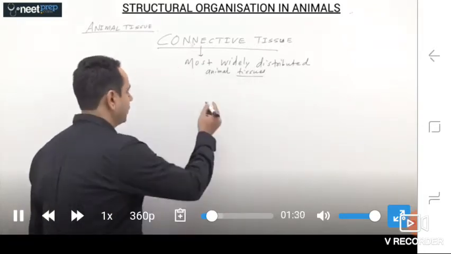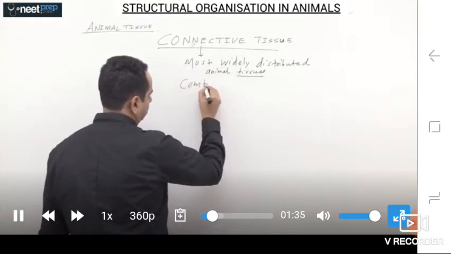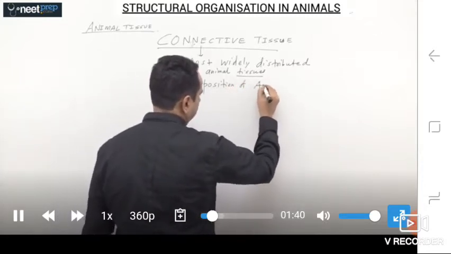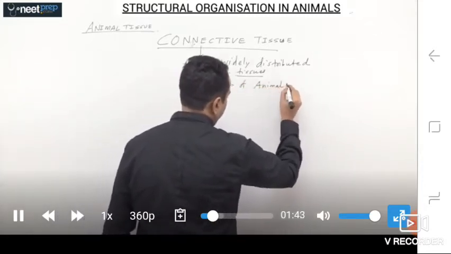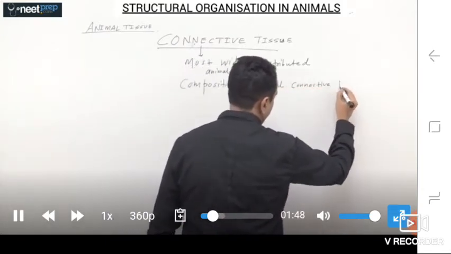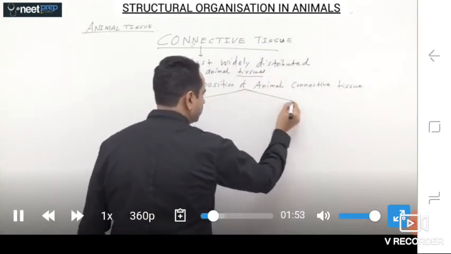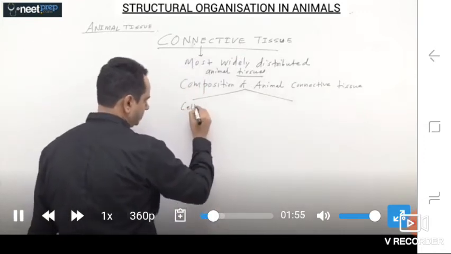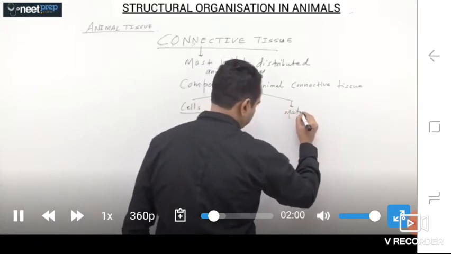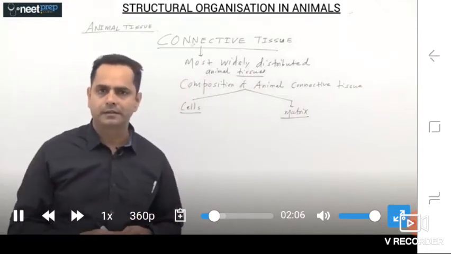So if we talk about the composition of animal connective tissue, it mainly contains the cells and the matrix. Cells and the matrix.